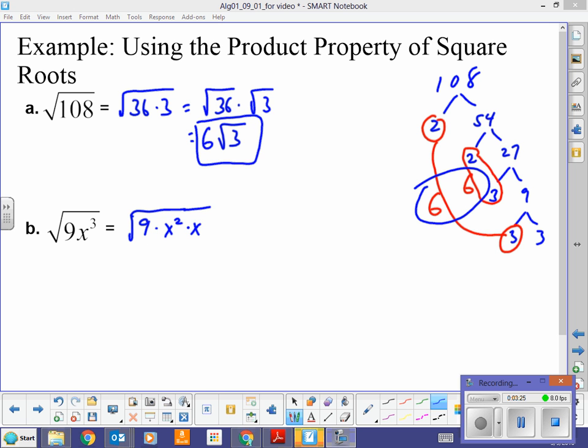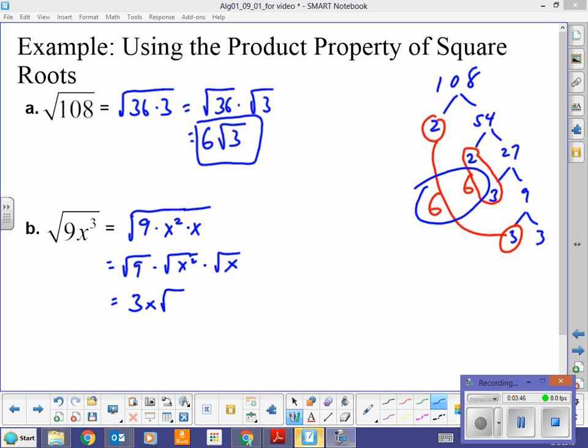Now I've got 2 perfect squares here, 9 and x squared. So I can think of this as the square root, I'm going to list it all out here: the square root of 9 times the square root of x squared times the square root of x. The square root of 9 is 3. The square root of x squared is x.